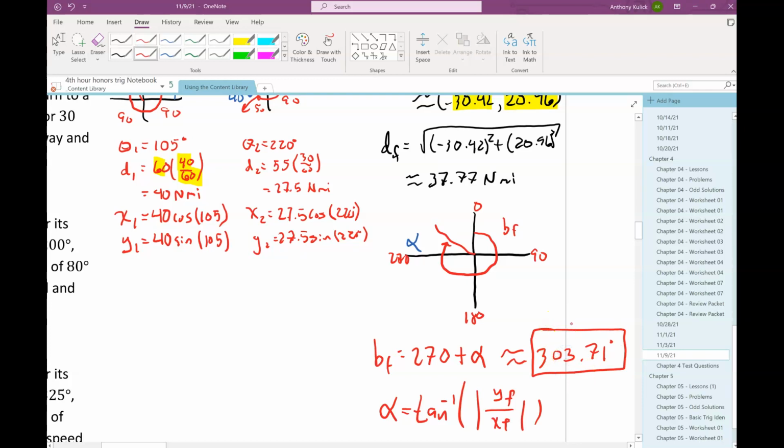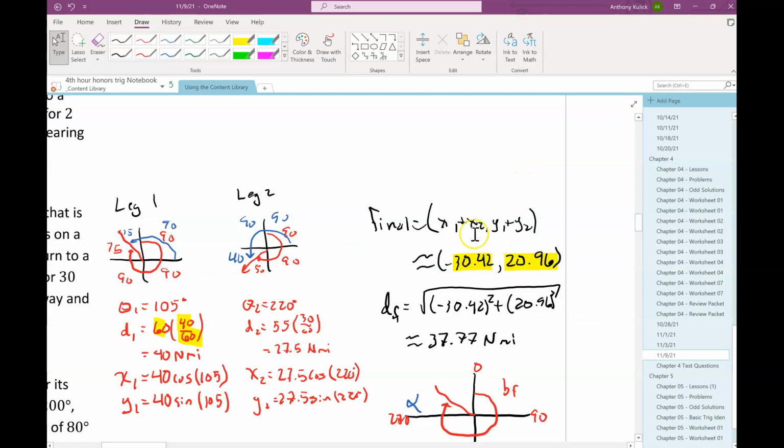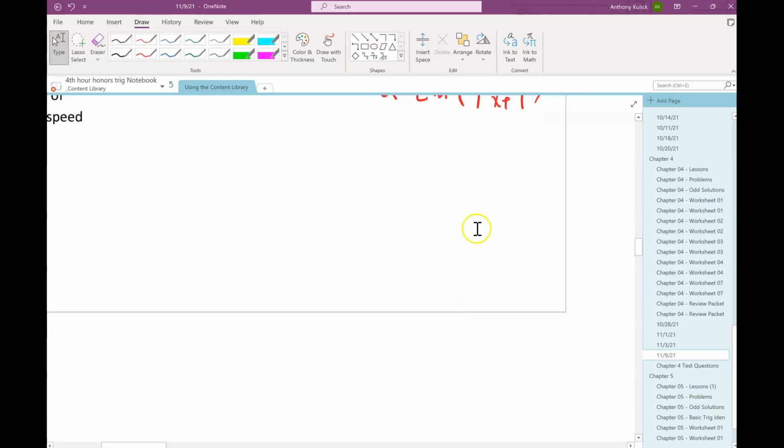Ryan, are you okay? What I did there? Okay, Amy? So when you're plotting, yep. Edmund. So when finding alpha, it's always going to be y over x, right? Yes. Because tangent is y over x. So whatever the point you just found by doing your addition or subtraction, depending on the context of the problem. And then with the final, it's also dependent upon the context of the problem.